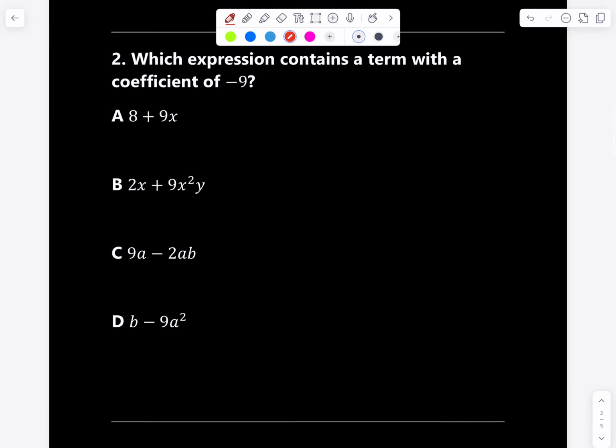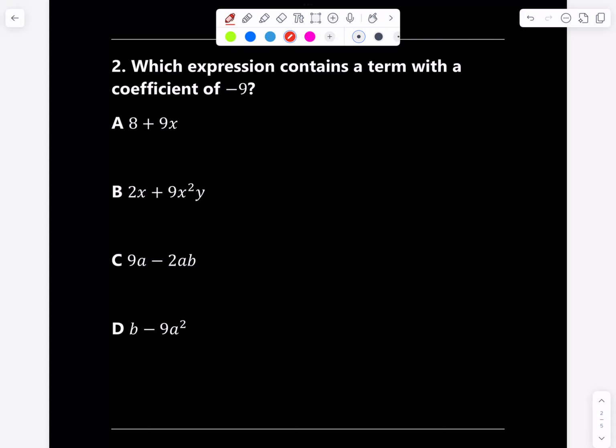Okay, let's go a bit harder. Question 2. Which expression contains a term with the coefficient of -9? The negative is really important as well. The coefficient just means the number in front of the pronumeral. Pronumeral is the letter. So in this one, the coefficient is 9, not -9, so it's not A. What about this one?